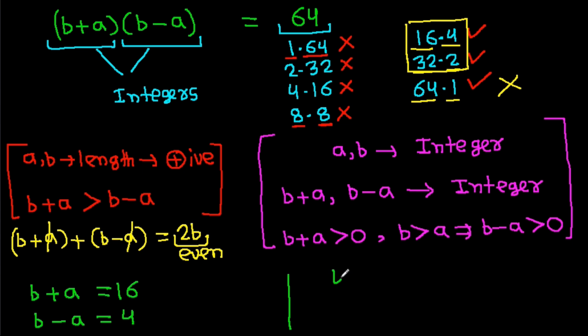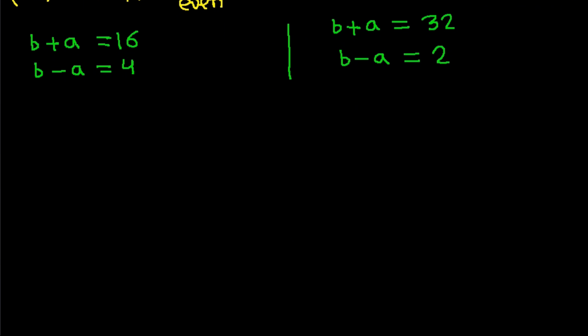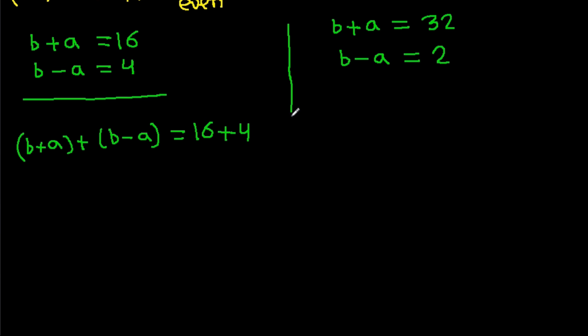And in the second case, b plus a can be 32 and b minus a can be 2. From here, if we add b plus a and b minus a, it will be 16 plus 4, and a will get cancelled.